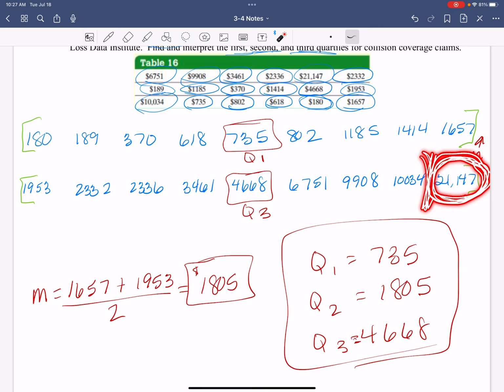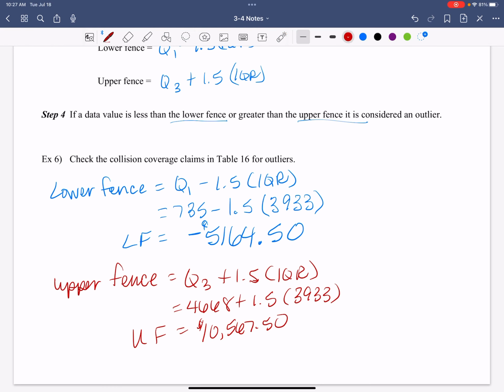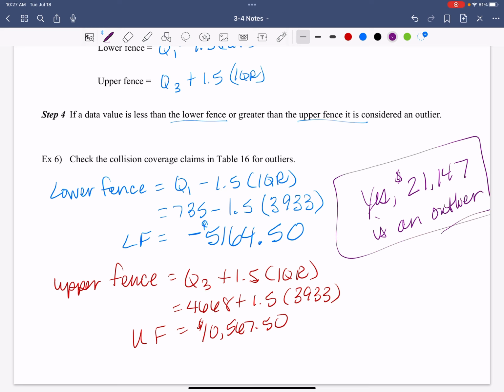So either someone got a real good deal or some major thing was happening there. 21,147 is an outlier. That is beyond what we consider our grouped data. It's outside of that upper fence.